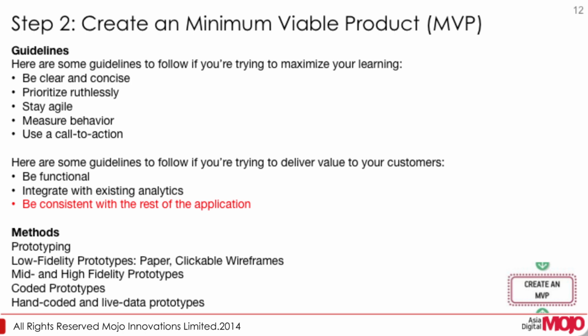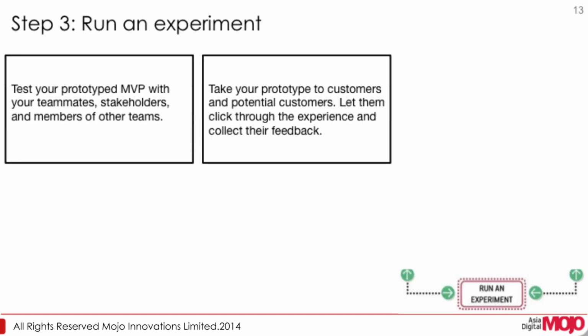There are many methods you could use, like prototyping, low-fidelity prototypes, middle or high-fidelity prototypes, and code prototypes, or even hand code or live data prototypes. Really depends on what you need to test in specific project stages. After you create the MVPs, this stage is very flexible, and you need to go and test as many as you can.